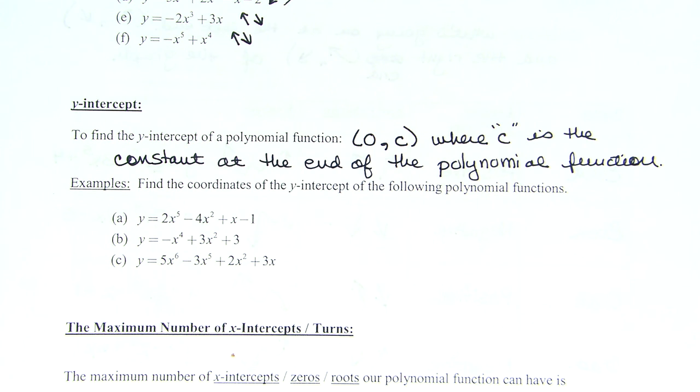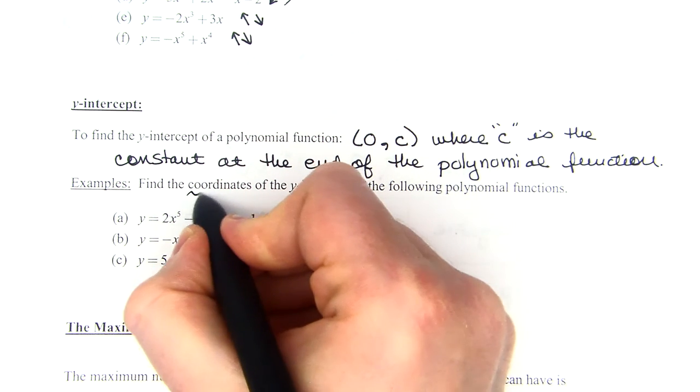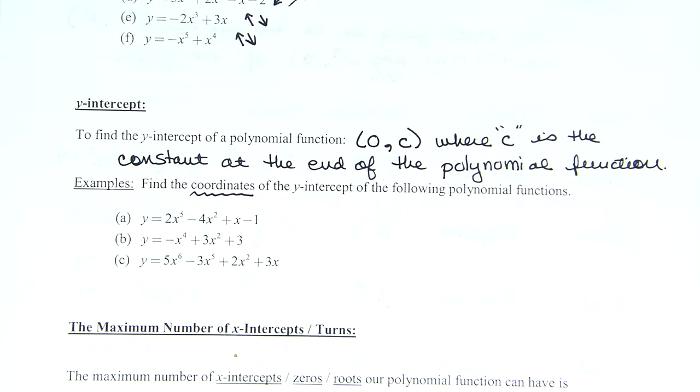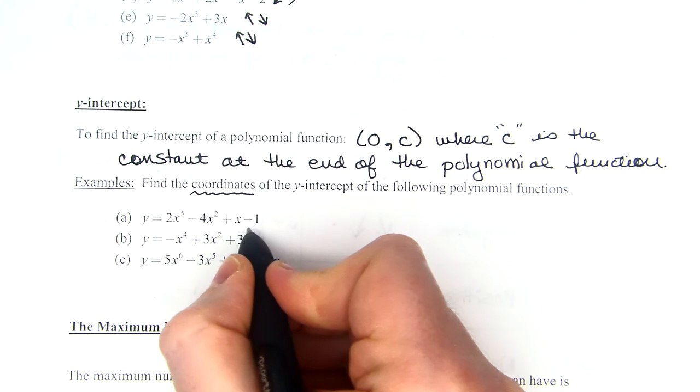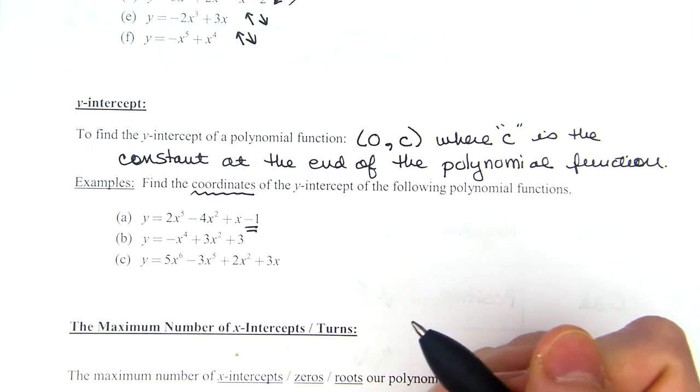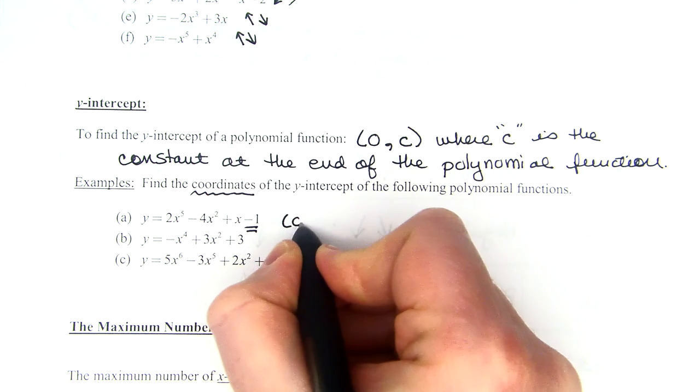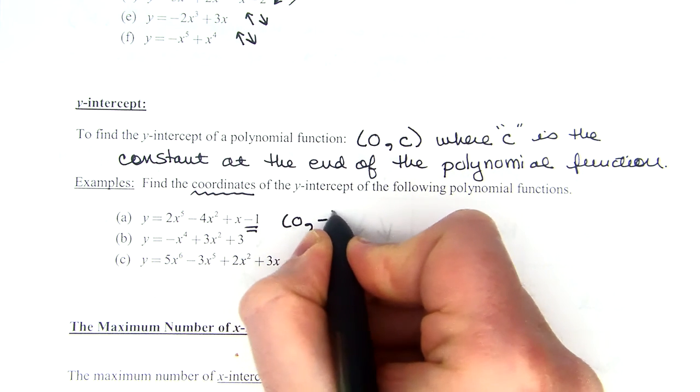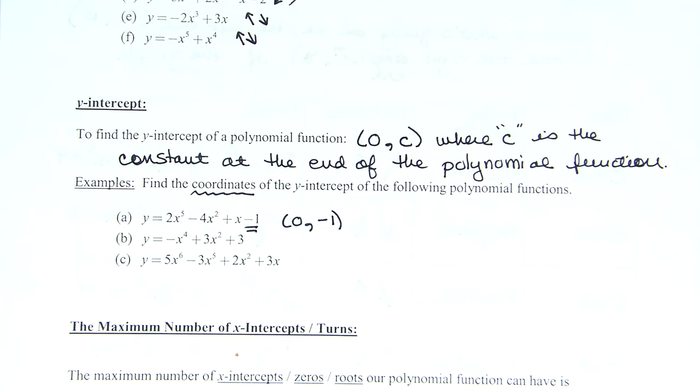So I want to try to find the coordinates. Don't just give me a number. I want coordinates of the y-intercept. Well, in letter A, the constant at the end is -1. So I'm going to say that my y-intercept is (0, -1). Try B. What are the coordinates of the y-intercept in B?